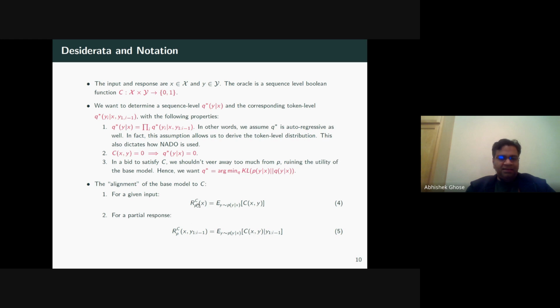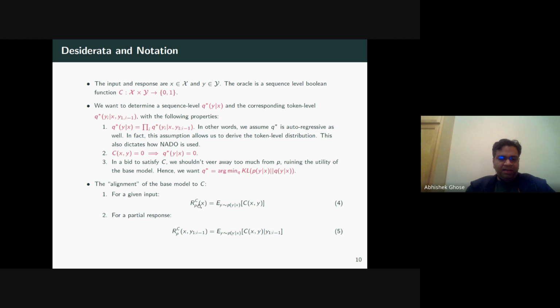And what we are saying is, given an input x, what is the expected alignment of the base model, right? And the expectation is over all the strings that you could have produced from the base model with input x, and the expected satisfaction is essentially the expectation over all the 0 1 values produced by your constraint model, right?